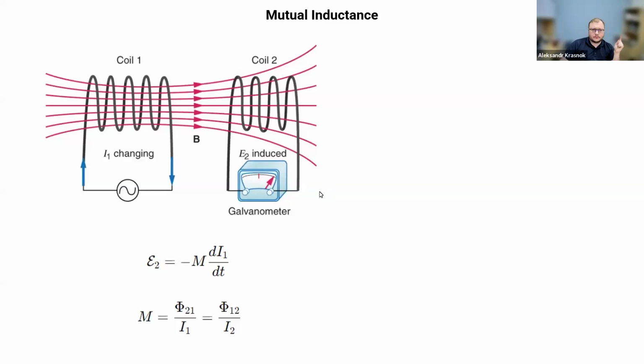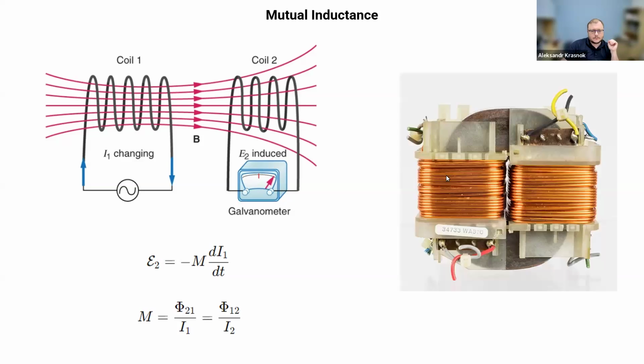And vice versa. So this effect is symmetric. And we say that it's used, for example, in electric transformers, and we're going to discuss them today in more detail.